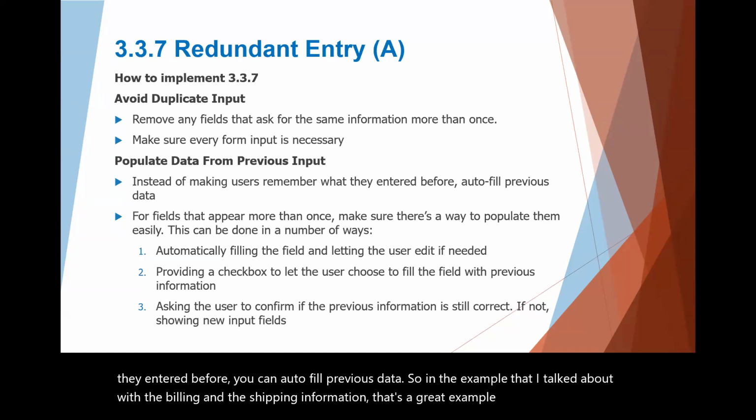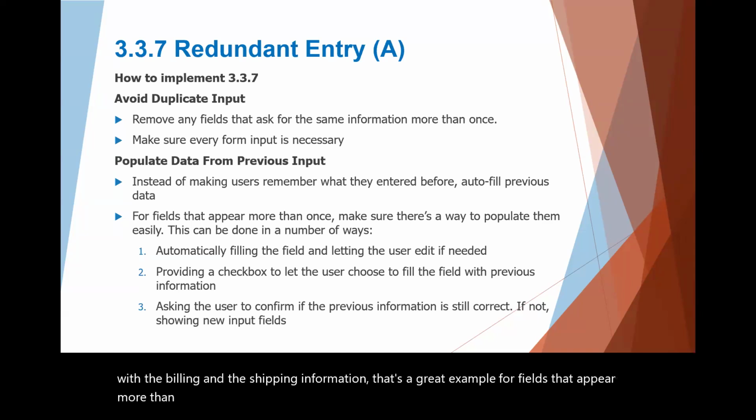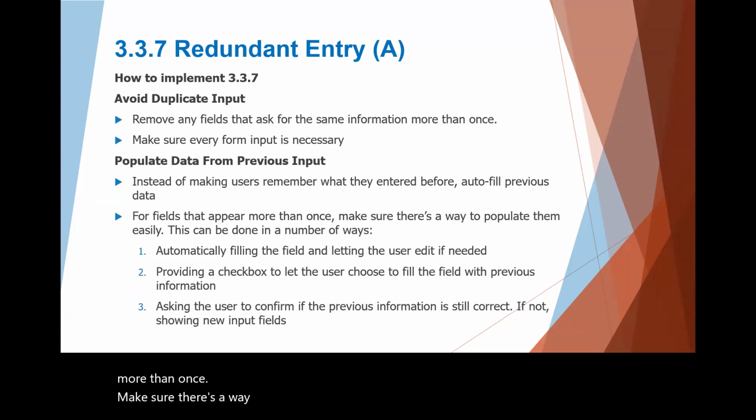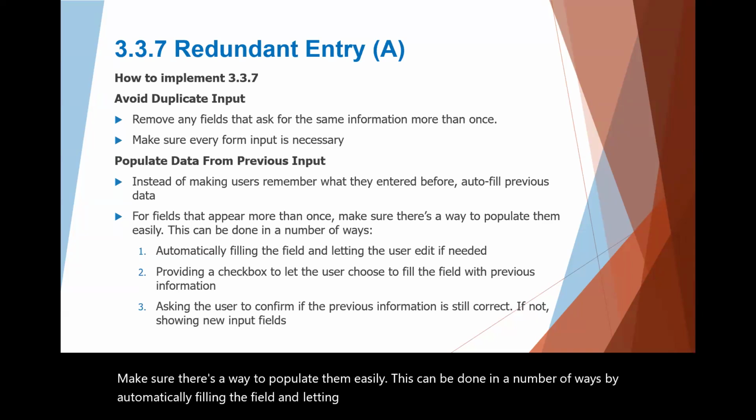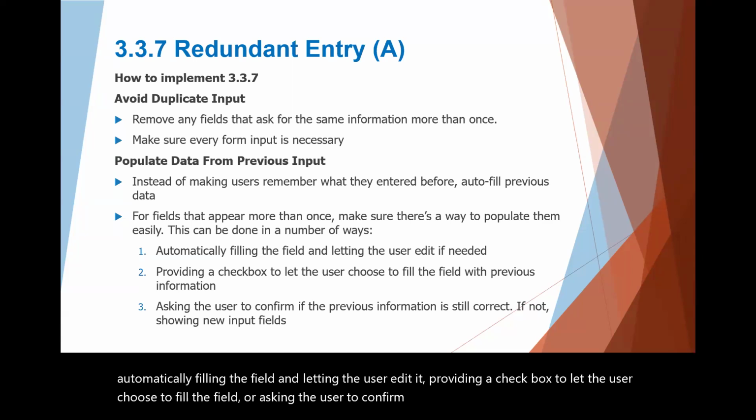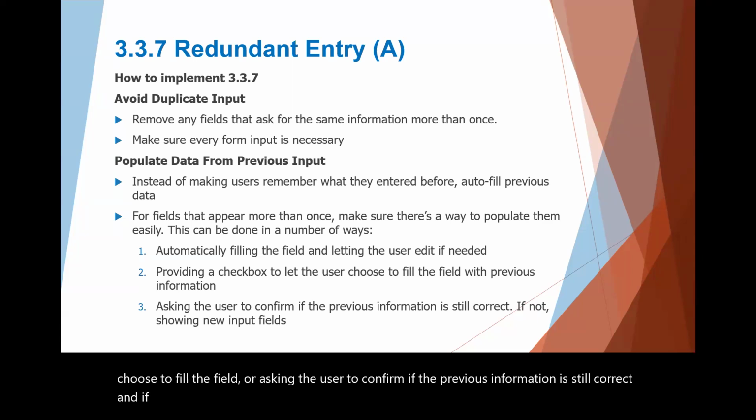For fields that appear more than once, make sure there's a way to populate them easily. This can be done in a number of ways by automatically filling the field and letting the user edit it, providing a checkbox to let the user choose to fill the field, or asking the user to confirm if the previous information is still correct, and if not, showing new empty input fields.